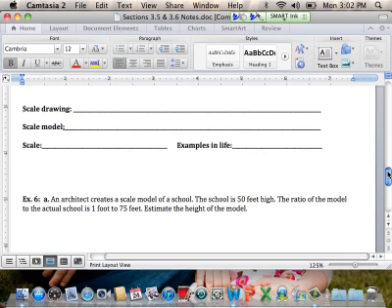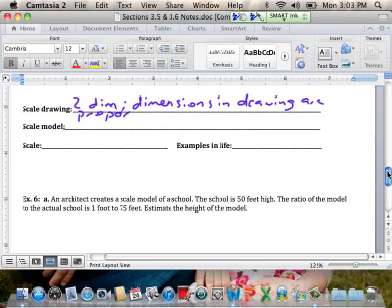So it's a two-dimensional drawing where dimensions in the drawing are proportional to dimensions of the actual.